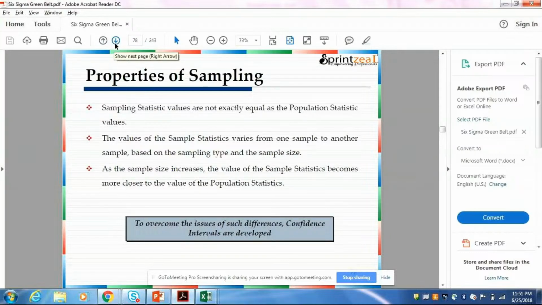While we do sampling, we need to avoid something called bias. Bias is when I know this is the area where I would probably get the maximum defects. I'm trying to improve a project on defects, and I'm trying to do the baseline, so I pick up samples from there so that my baseline looks very bad.